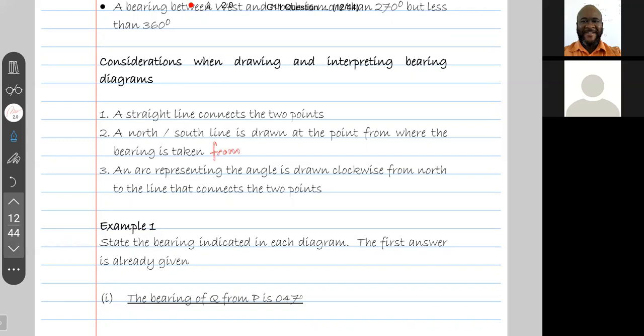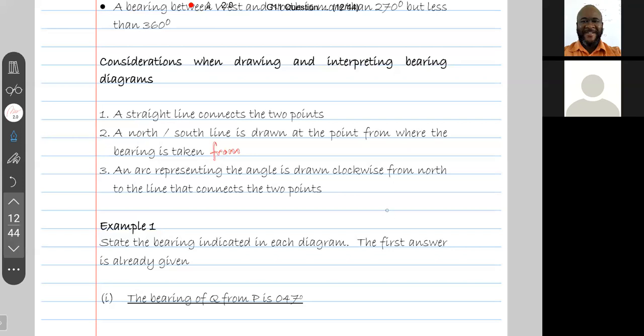So if I'm talking about the bearing between two points, you need to have a straight line connecting those two points. The point where you're taking the bearing from, you're going to draw a north-south line at that point. Now, an arc, which represents the angle, is drawn clockwise from north to the line connecting the two points.